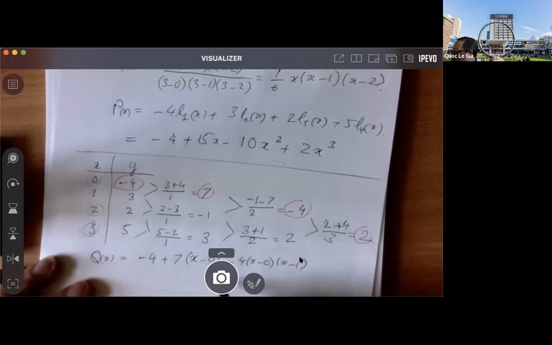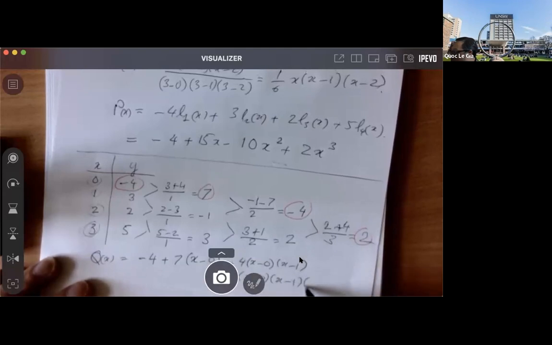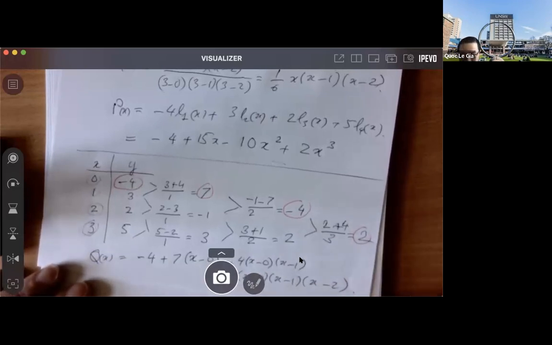The last one will be plus 2, x minus 0, x minus 1, and x minus 2. So that is your Newton form.